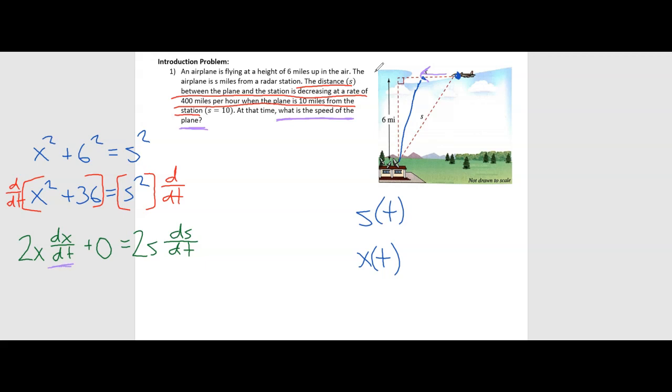So we better be able to figure out all those other unknowns, x, s, and ds dt. Well, let's see if we can do it. Do we have an s value? We sure do. We have s is equal to 10 because that is the distance at which we're trying to find the plane's velocity. So I've got 2 times 10.